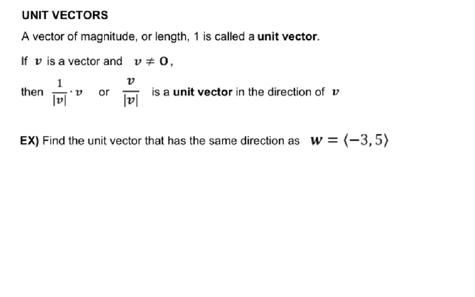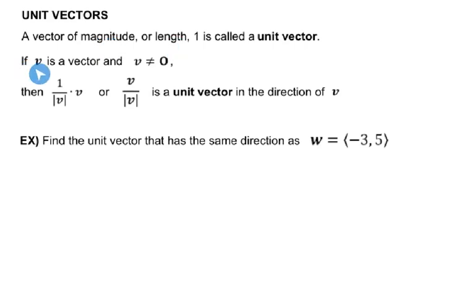In this video, we're going to talk about a unit vector and how that can be used in creating a linear combination. Now, what is a unit vector? Well, a unit vector is a vector with magnitude of 1. Remember, magnitude means length.